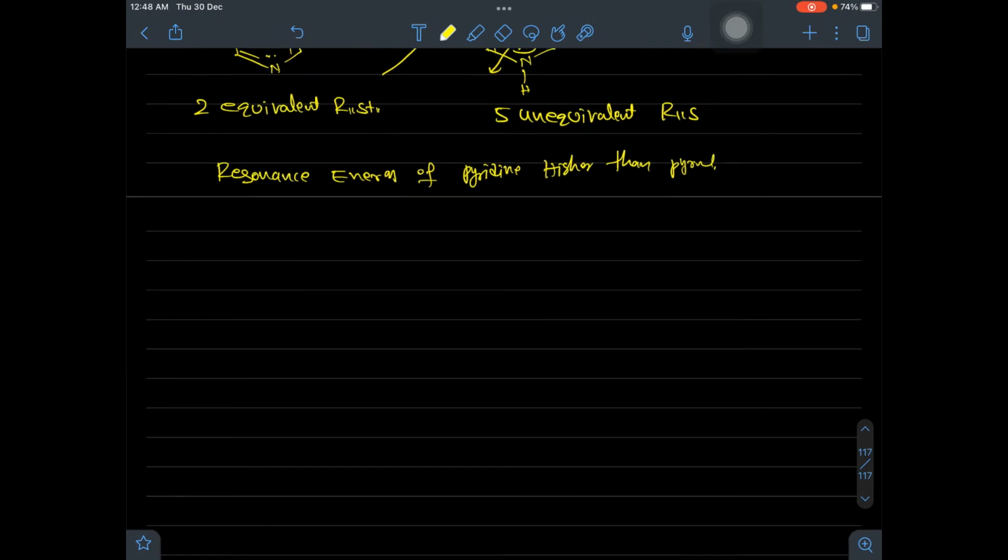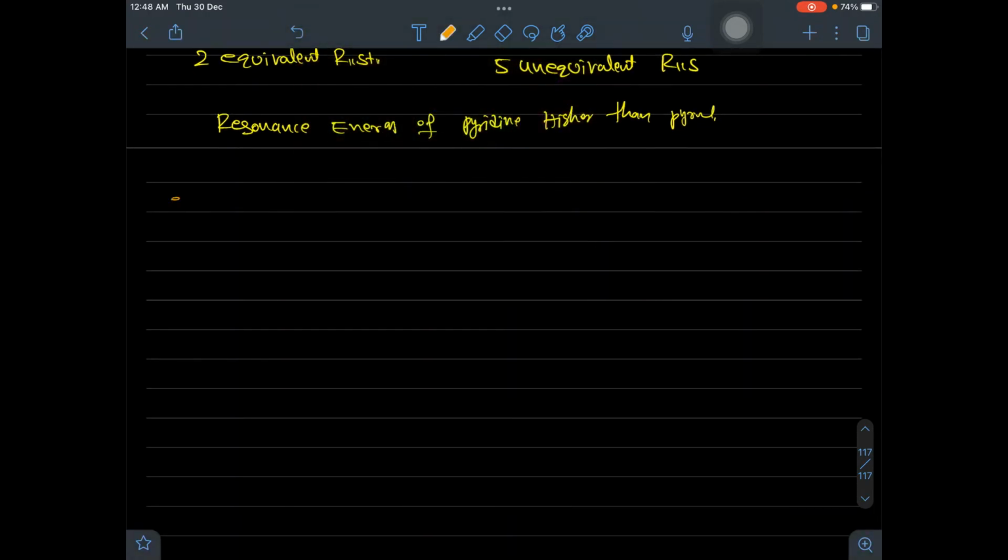Same way, one more example: cyclopentadiene carbon anion, pyrrole and furan. For the cyclopentadienyl anion, 5 equivalent resonance structures are possible.